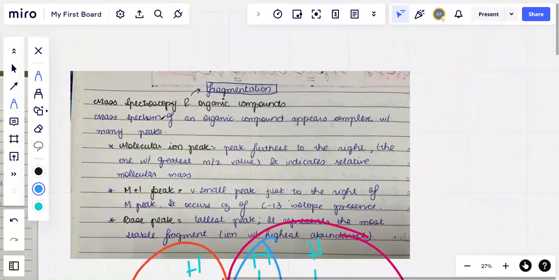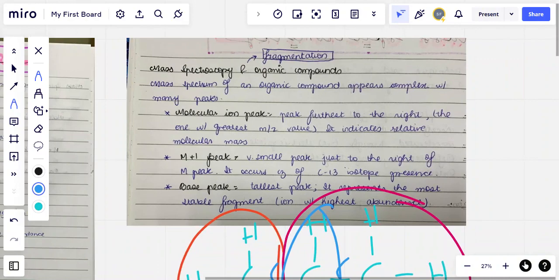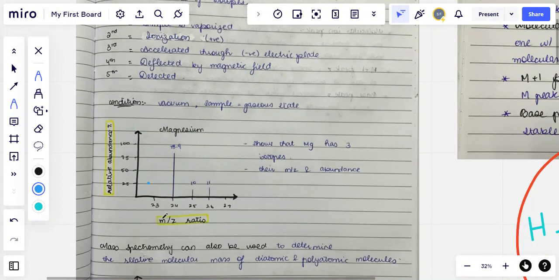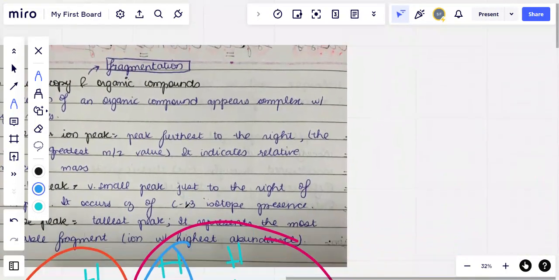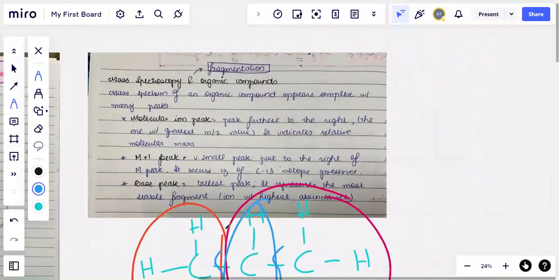So same thing is here, we're talking about organic compounds, you have fragmentation in there, and the mass spectrum of an organic compound appears a lot more complex compared to the mass spectrum of elements. For elements, it's so simple because you just have the isotopes, but here you have to deal with the fragments. That's why it's gonna be very complex, but everything is just the same.